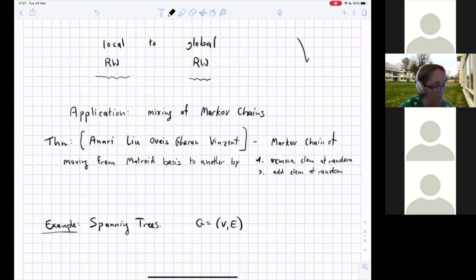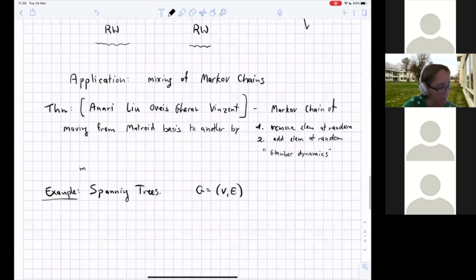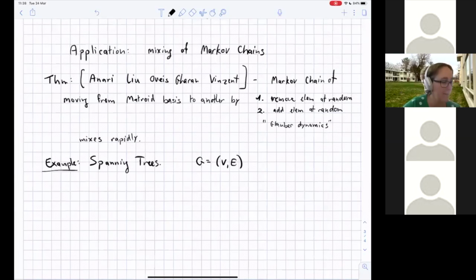So I guess this is sometimes called the Glauber dynamics. So what they proved is that this Markov chain mixes rapidly. So this is their theorem, and I want to prove this. But as I said, I will prove it for the case of spanning trees.